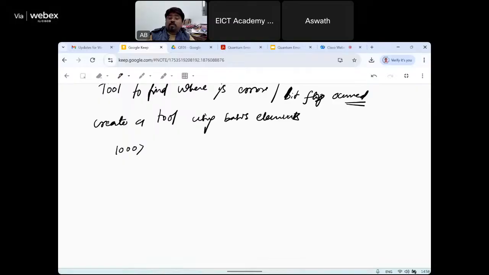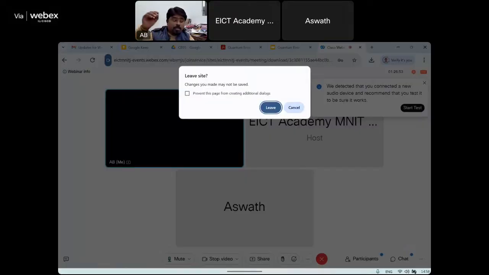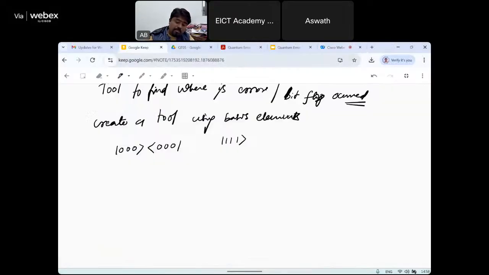When you send the information in this form, it remains the same throughout to the output, meaning no error occurred. So let me create a matrix out of it, 000, by taking the outer product of the same thing. Similarly, if I have information sent like 111, it comes out as it is without being manipulated, so I would call that no error. Let me create a matrix out of it too.